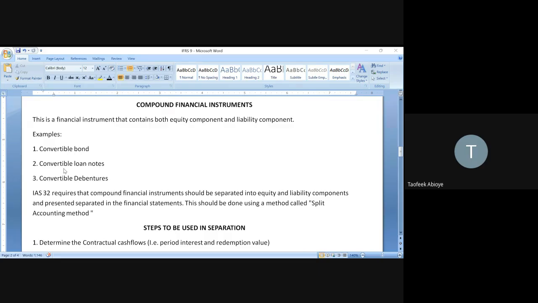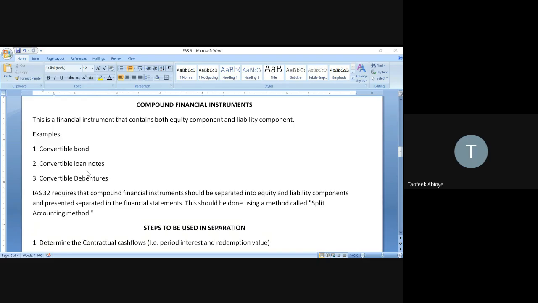And that is why they call it convertible bond, convertible loan note, convertible debenture. So they are called compound financial instruments that have two characteristics, of both equity and liability. Although naturally they are liability, you have an option to convert it to equity.